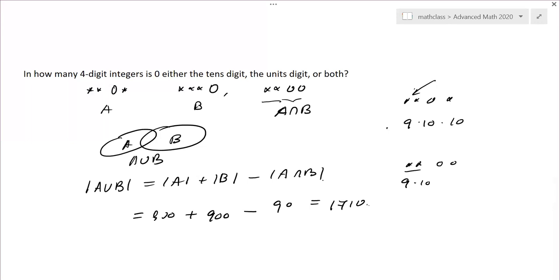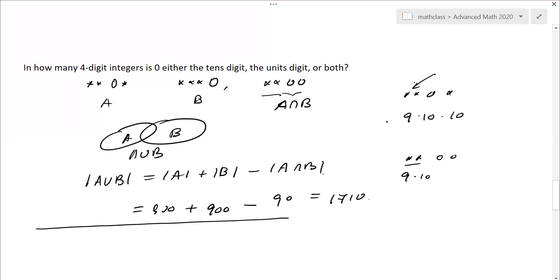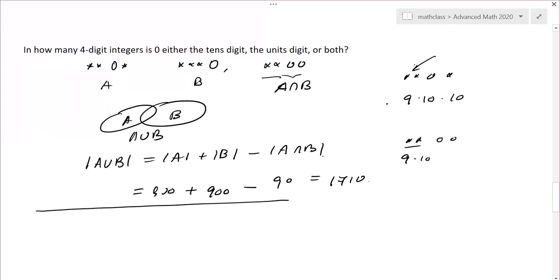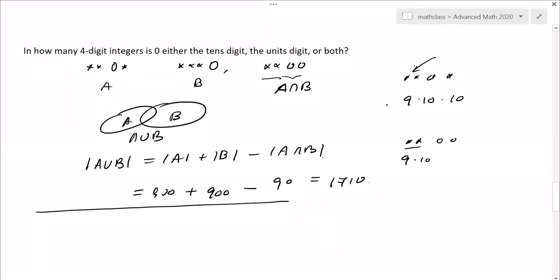Okay. Another way to solve this problem is as follows. Step 1, you count those 4-digit numbers where the tens digit or the units digit is not 0.